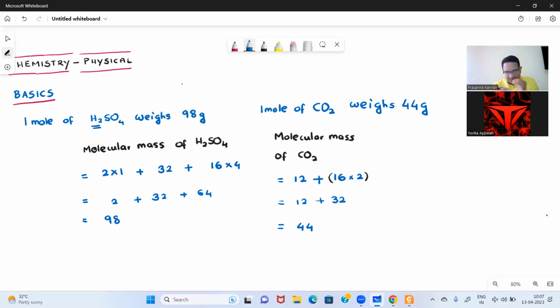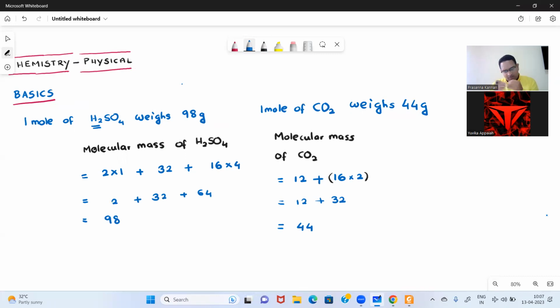And when molecular mass is expressed in grams, that will be your 1 mole. Then accordingly, you can find n number of moles. For example, 2 moles of carbon dioxide would be how much? 2 into 44, exactly, 88 grams.